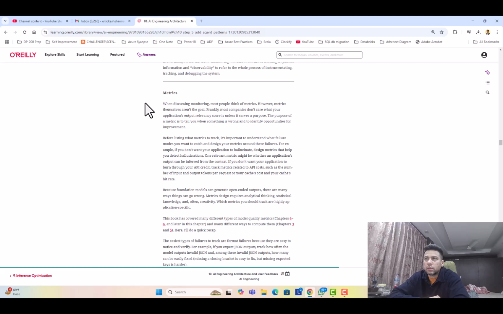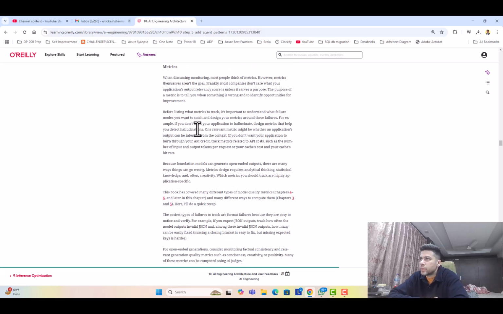So the success rate is also a metric. And maybe when you design the application, your goal would be to increase the success rate to 80%. So I don't completely agree with this particular line, but that's okay.